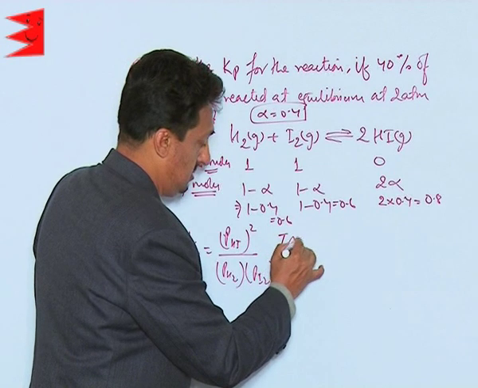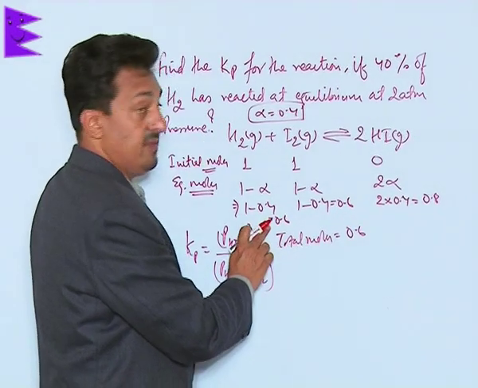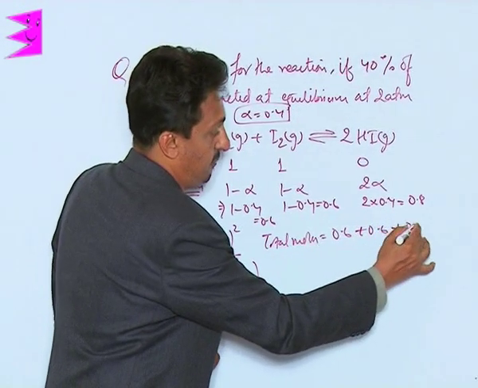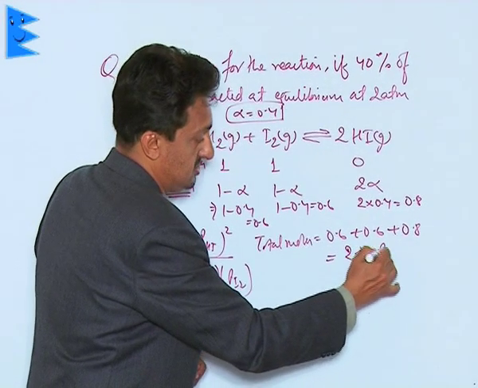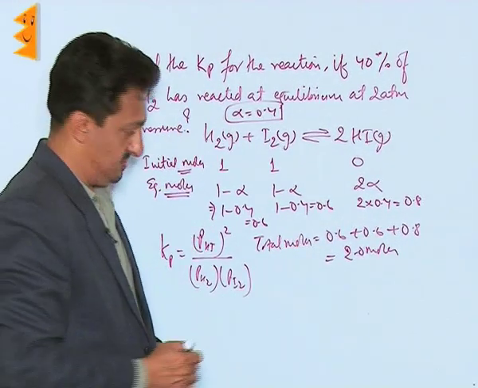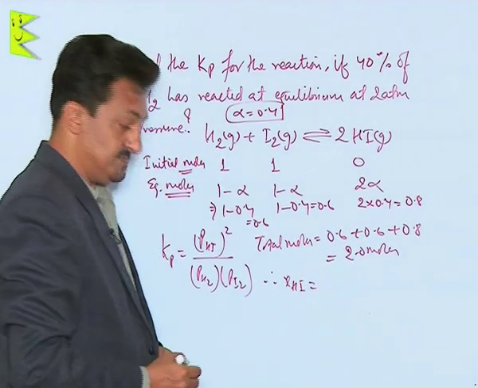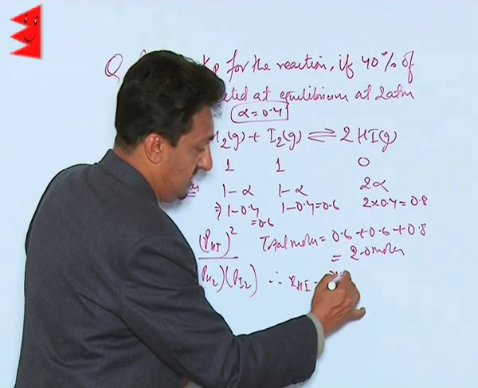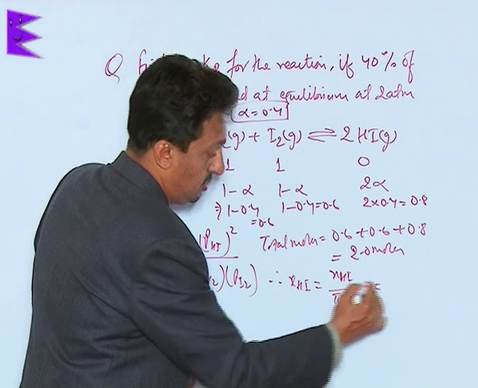So let us find out first, therefore, what is the total number of moles. Total moles are 0.6 of hydrogen plus 0.6 of iodine plus 0.8 of HI. So it will be 2 moles. Total moles. Therefore, mole fraction of HI will be how much? Number of moles of HI upon total moles.